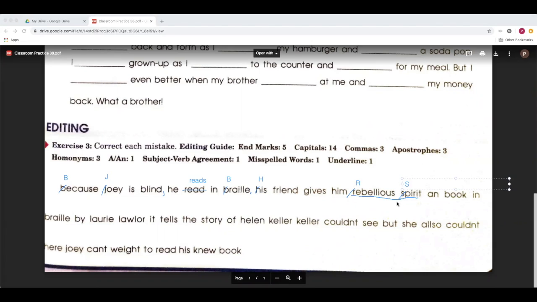His friend gives him Rebellious Spirit, comma, a book in Braille? No, we need a book in Braille. A book in Braille. Let's capitalize Braille.